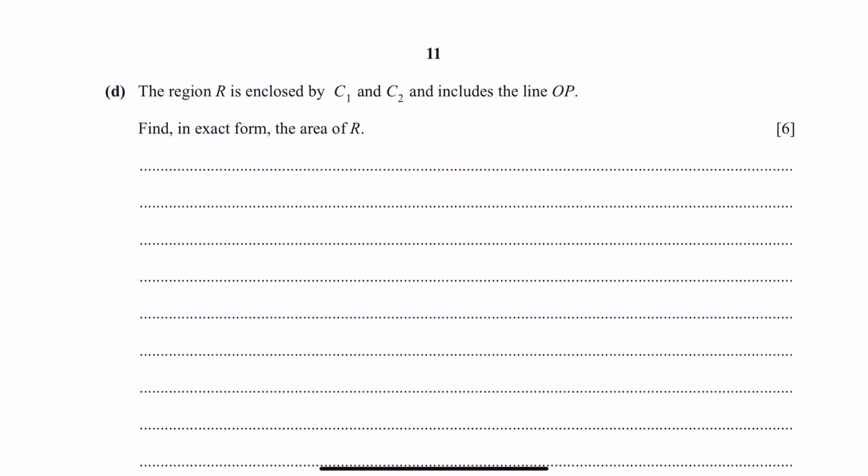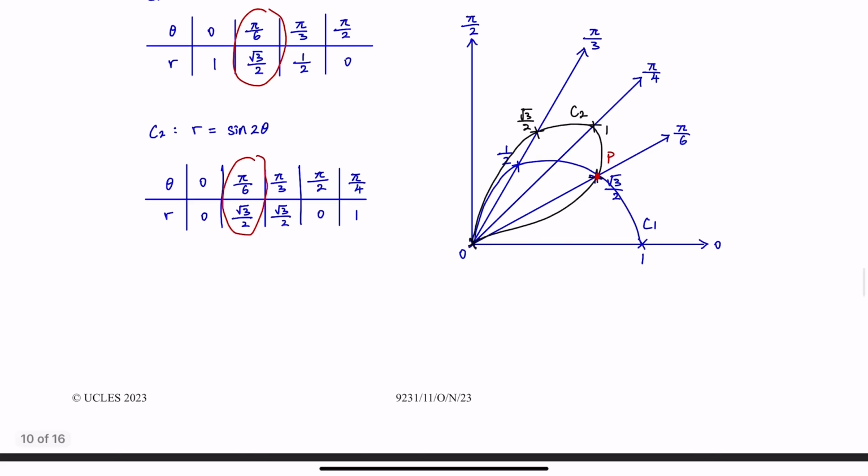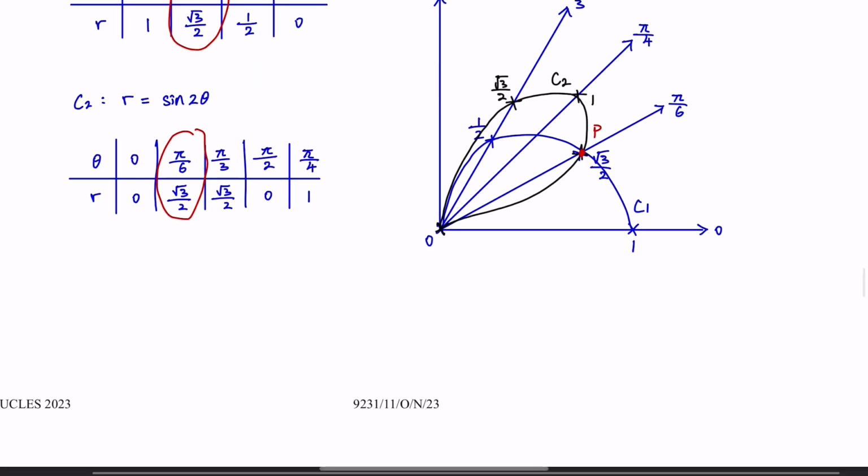So part D, we need to find the area of R. And region R is enclosed by C1 and C2, and this includes the line OP. So the area that is enclosed by C1, C2 and includes OP is basically this area. So it's enclosed by this, and OP is in that region.